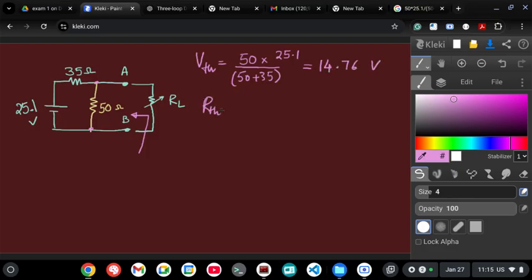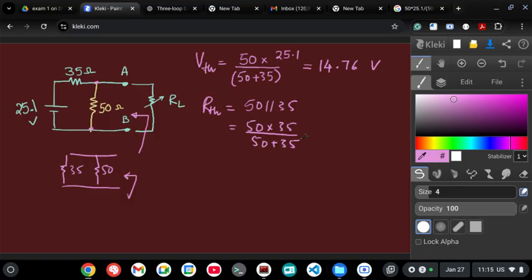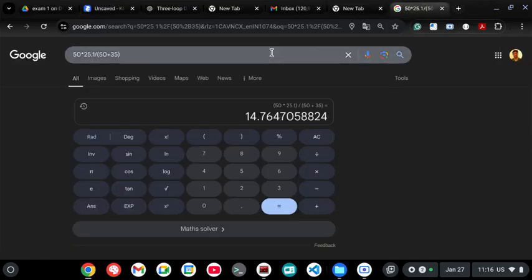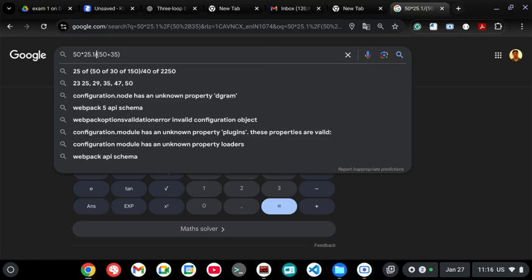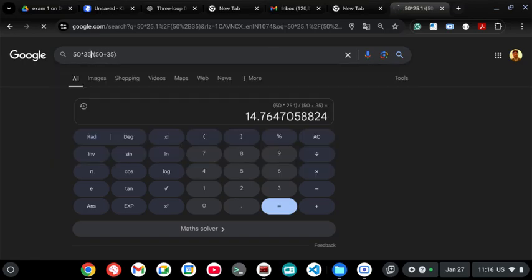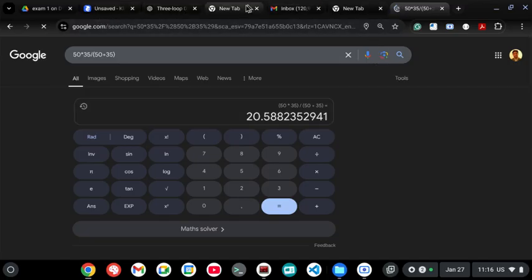And what is the Thevenin's resistance? That will be simply, if I make a simple circuit, 35 parallel with 50, looking this side. So 50 into 35 by 50 plus 35, so 20.588.